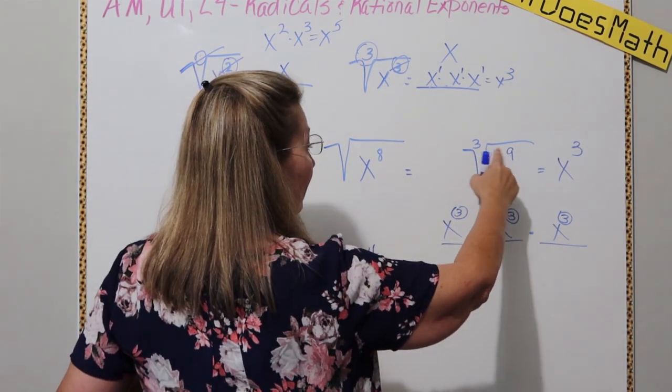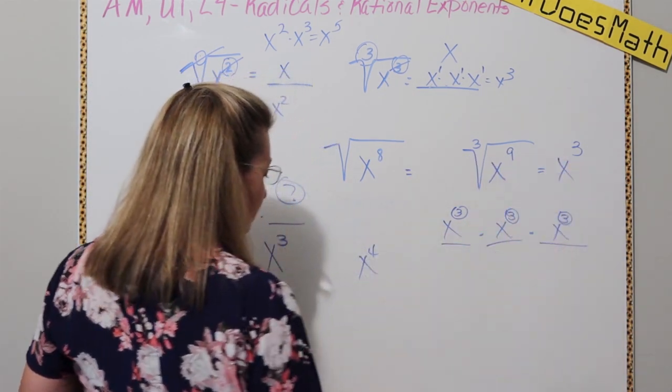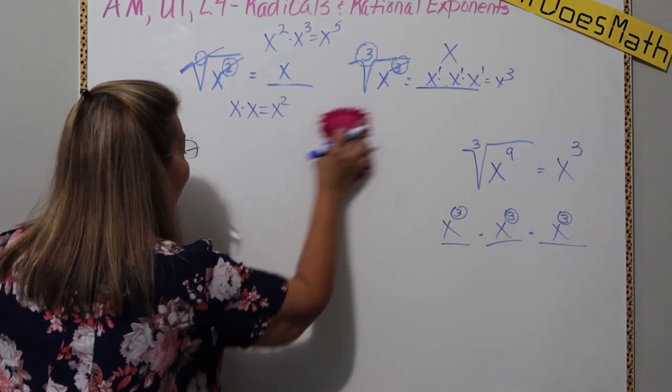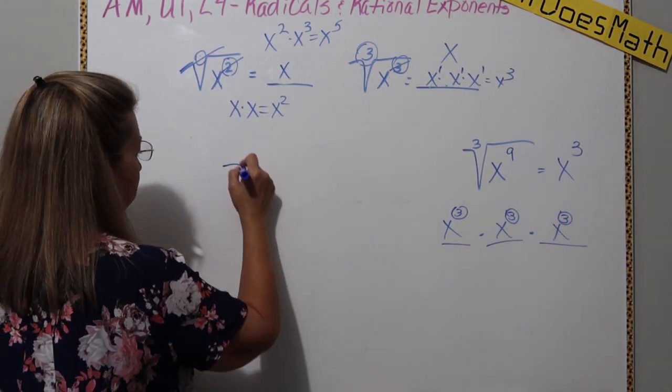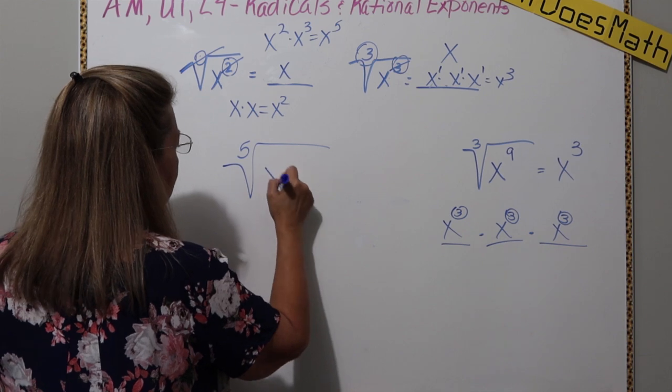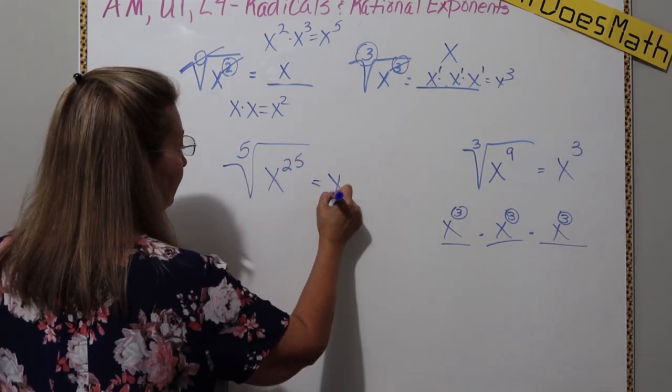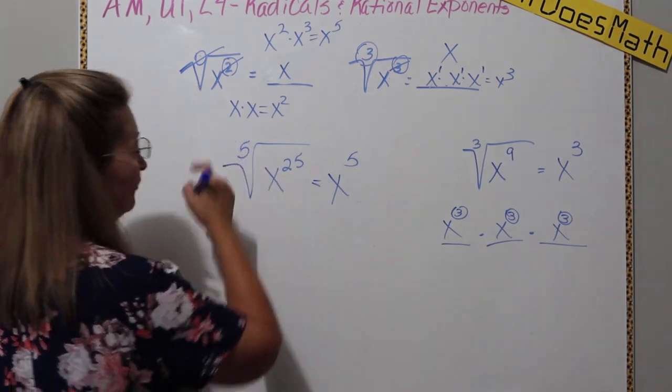And 9 divided by 3 was 3. You can even expand this out. If I wanted, say, the 5th root of x to the 25th, you can still divide. That would give you x to the 5th, 25 divided by 5.